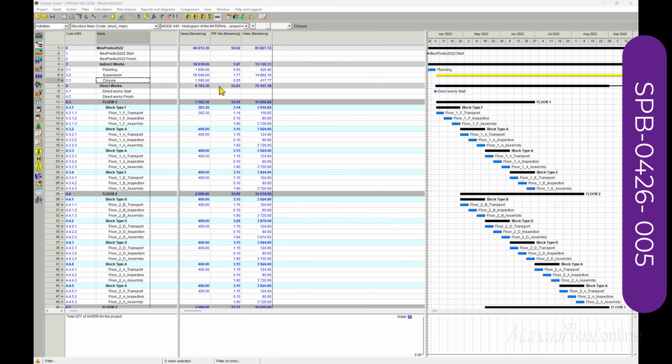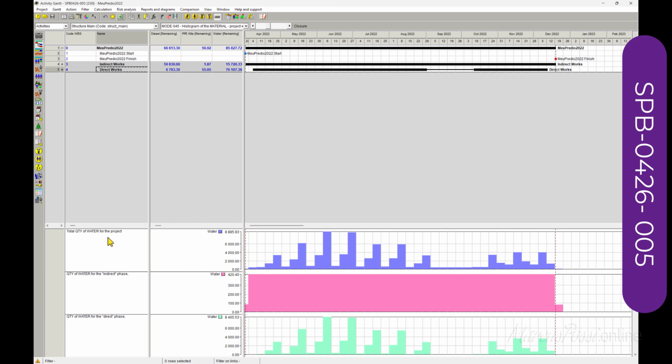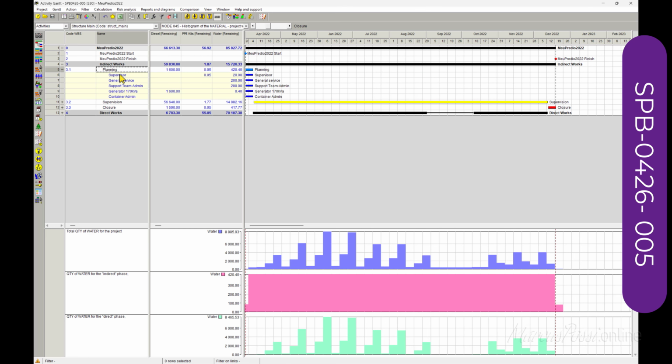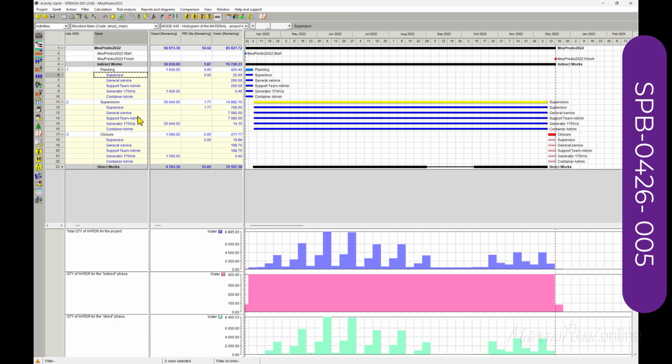Project water. We have water in the project, in the indirect phase. We do have water in the indirect phase because people used to drink water. They drink water. They use water.